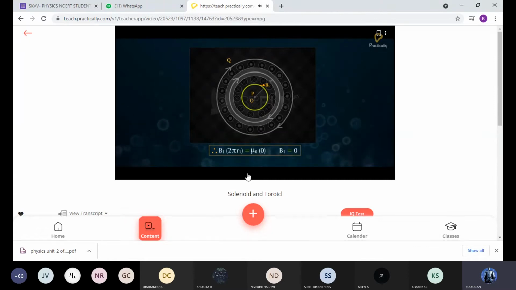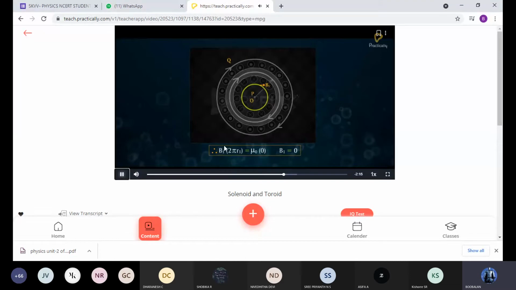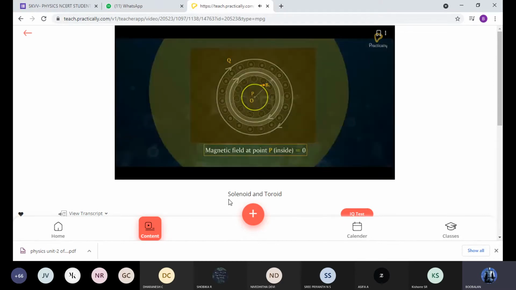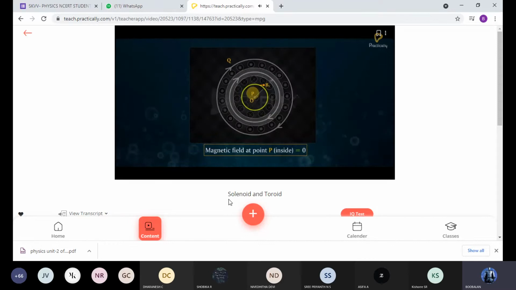Since there is no current in the loop, IE is equal to 0. Therefore, B1 of 2 pi R1 is equal to mu naught of 0, where B1 is equal to 0. Hence, the magnetic field at any point P inside the toroid is 0.